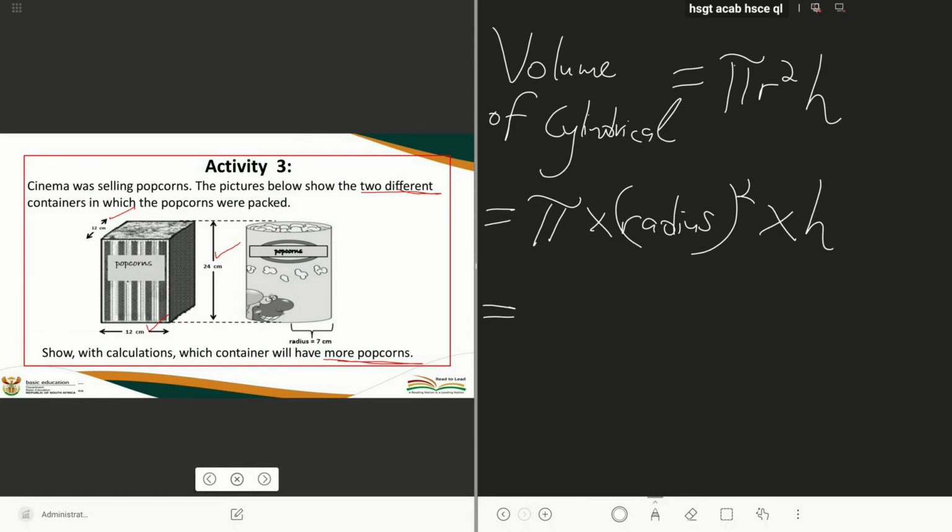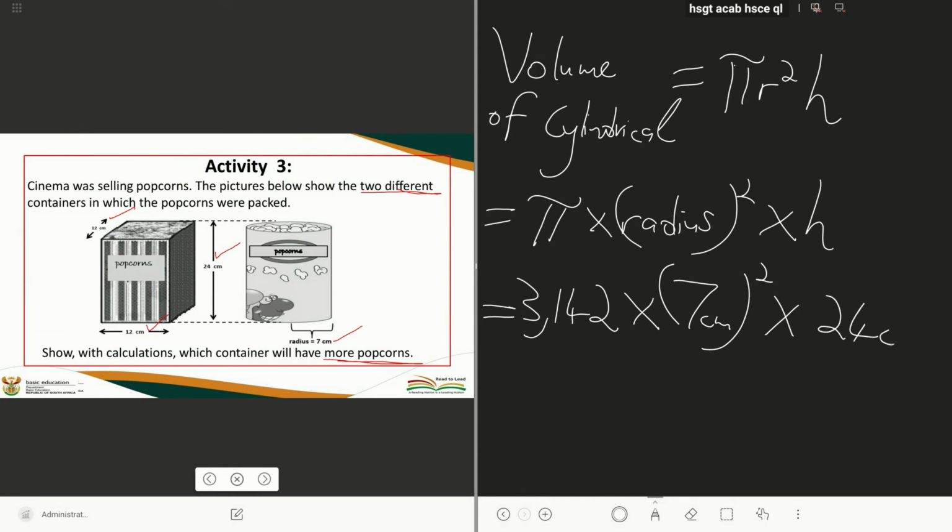3.142 again, as given by the CAPS document, multiplied by the radius. What is our radius in this? We are given our radius in centimeters. 7 centimeter, all of it squared, multiplied by the height, 24 centimeter.